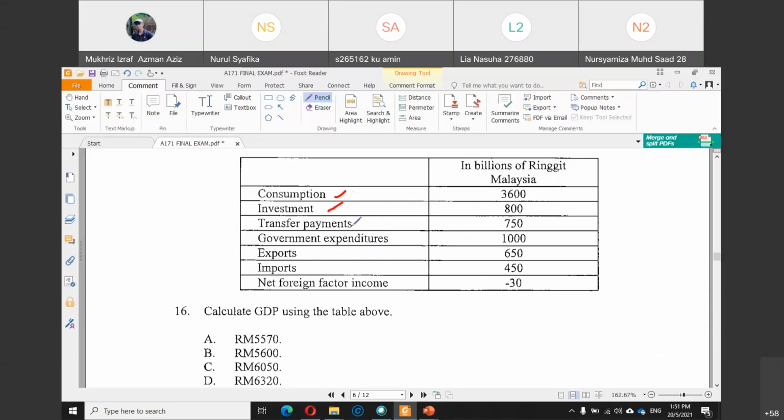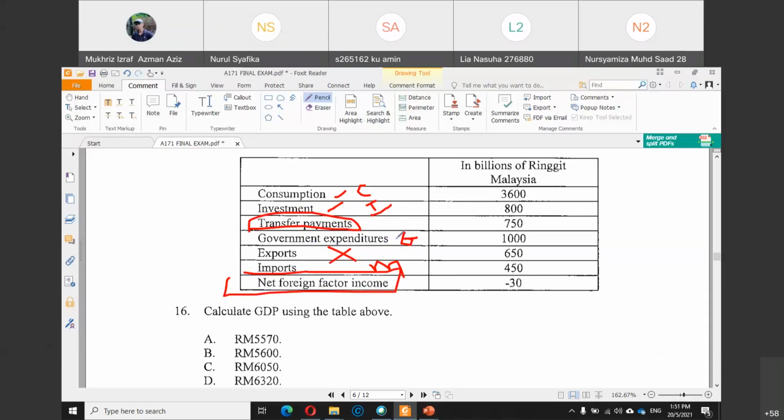One is the group that belongs to the expenditure approach. For example, C, this is I, this is G, this is X, this is import. Then you have another two components, which are outside: transfer payment and net foreign factor income.